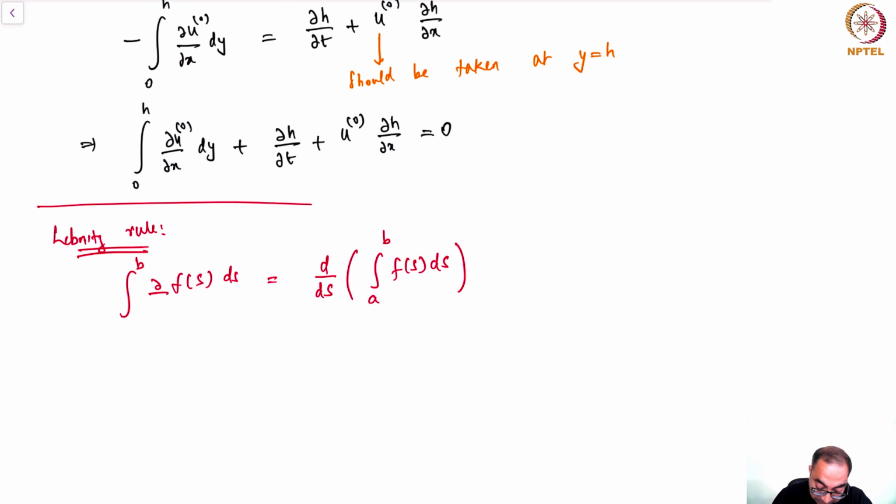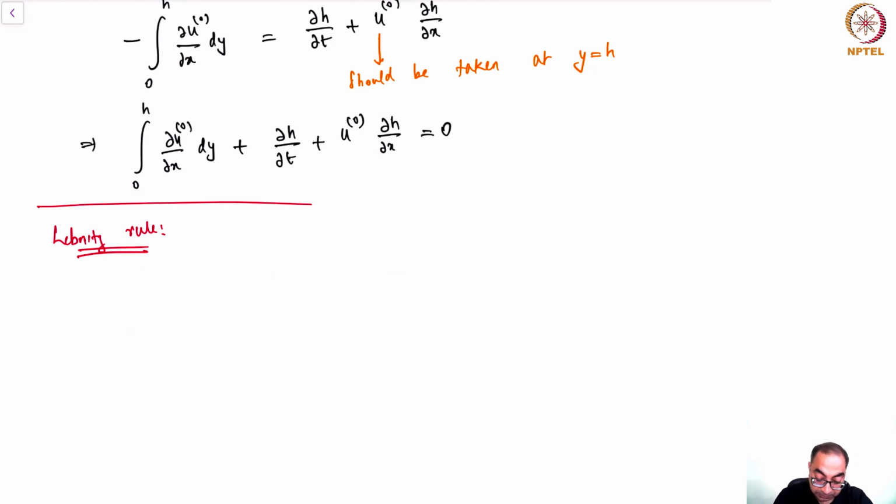Let me make a small correction to this. Leibniz's rule says if I am integrating from a to b a function of two variables s and t, taking a partial derivative with respect to t, with integration with respect to s, then I can bring this derivative out, d by dt.